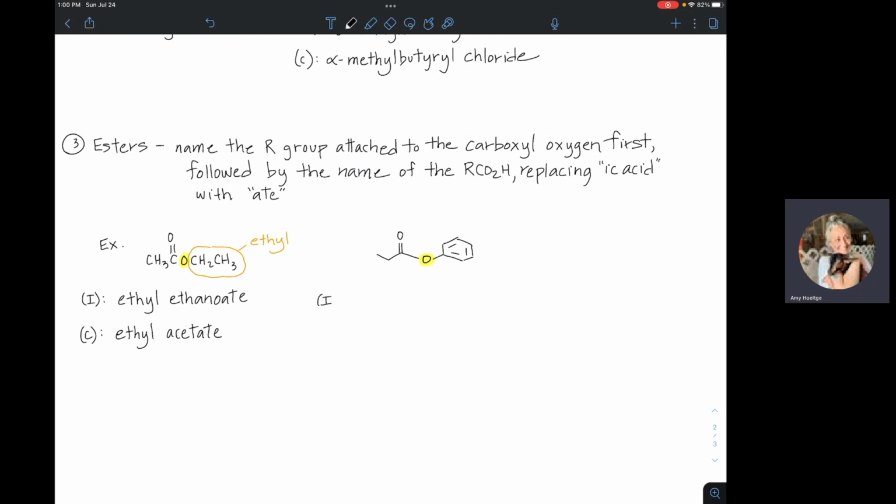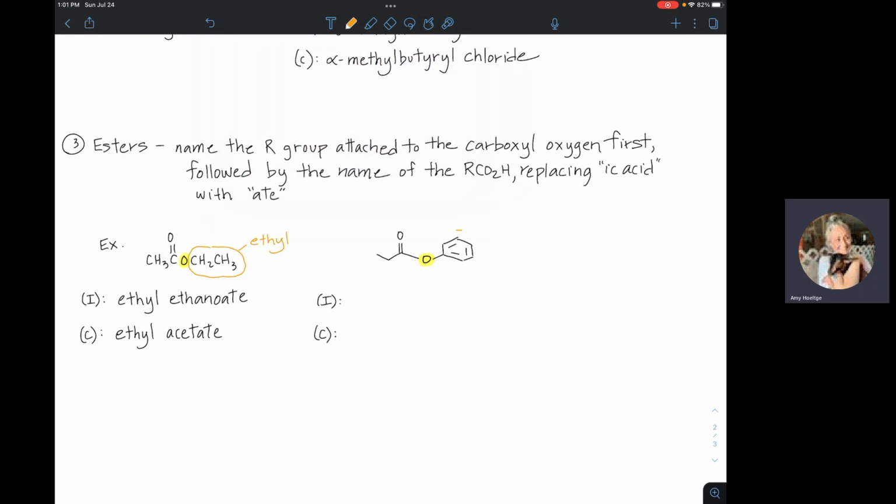IUPAC nomenclature will take the name of the R group. In this case, we have an aryl group, not an alkyl group, and it's attached to the carboxyl oxygen. That is not a benzene. It is a benzene ring, but when it's a substituent, it's called a phenyl group.